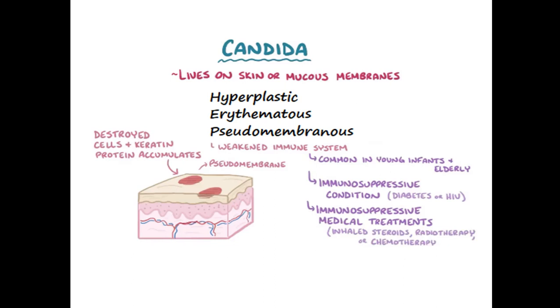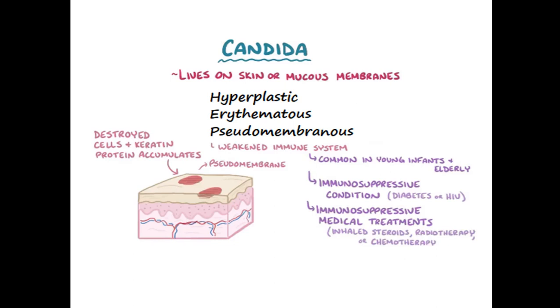Now when Candida affects the skin or mucous membrane, the cells are destroyed. You know that the superficial cells of the skin and mucous membrane contain the protein known as keratin, which makes these cells stronger and resistant to damage from the outside.